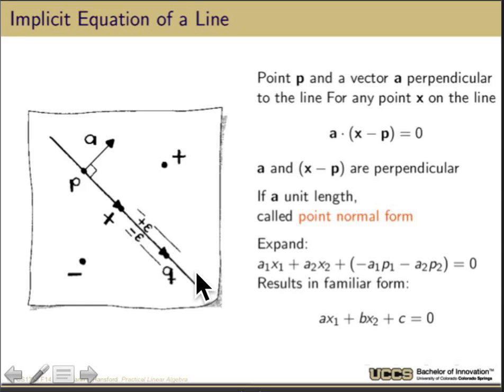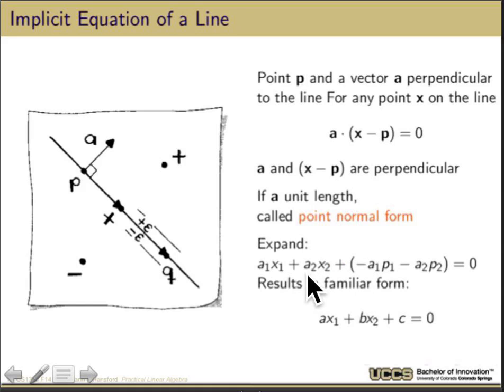And so you can sort of see this is another way of representing it. We're using the dot product property to say, given any x, if x minus p dot a is 0, then you're on the line. And this is also called the implicit equation of a line, the point normal form of a line, called point normal because it's point and a normal.